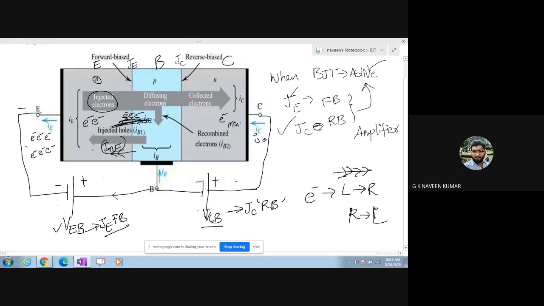More holes will be injected in this direction, then the current will be flowing in this direction, because whenever the holes move from this to this, the current will also move from this position. Let's say the current be INC. Why INC? Collector, N-type semiconductor, and the holes are moving. If holes are moving, we will take it as P, and if electrons are moving, electron current will be taken as N. And collector is represented with IPC.